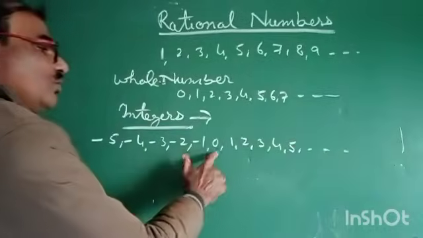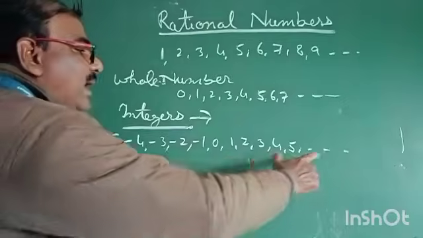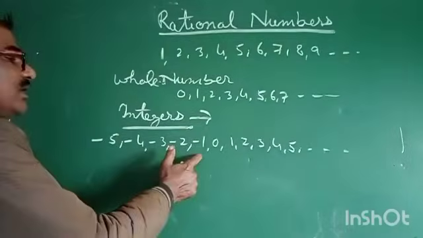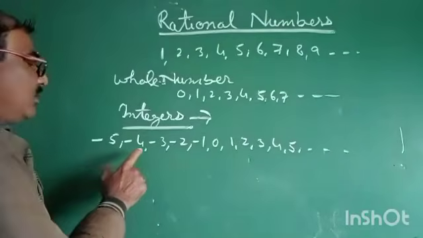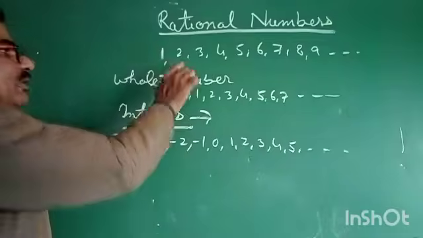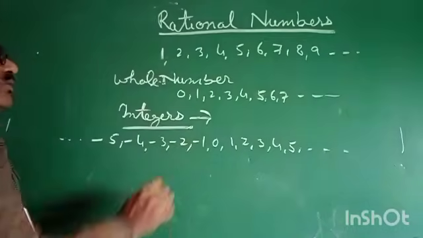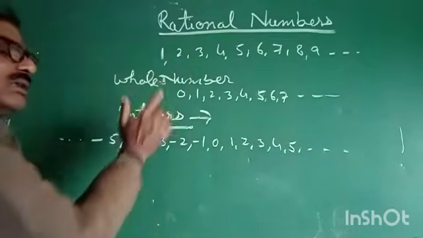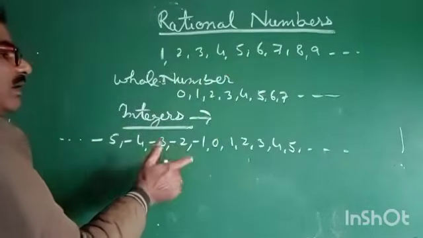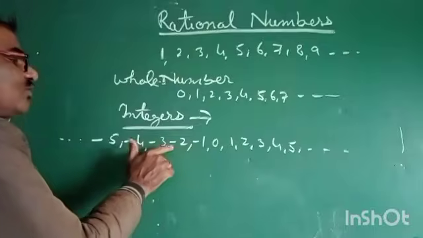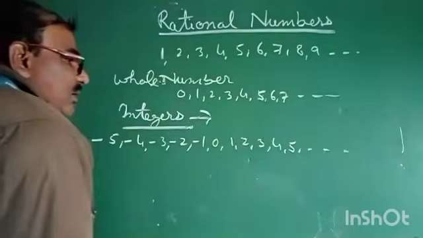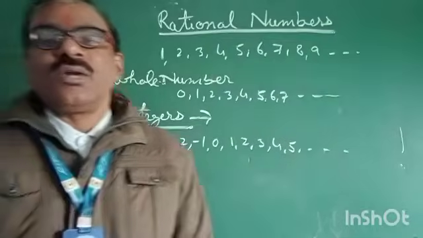Here 0, 1, 2, 3, 4, 5 are whole numbers, and -1, -2, -3, -4, -5 are the negatives of natural numbers. Here your natural numbers are 1, 2, 3, 4, 5, 6, 7, 8, 9, and -1, -2, -3, -4, -5 and so on are the negatives of natural numbers.